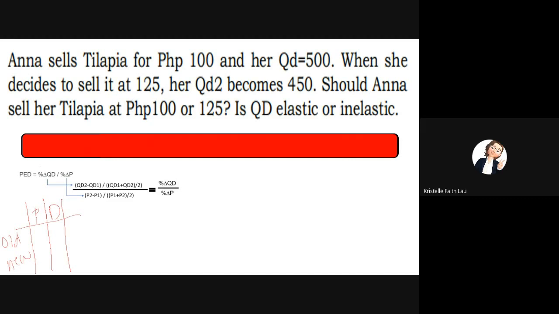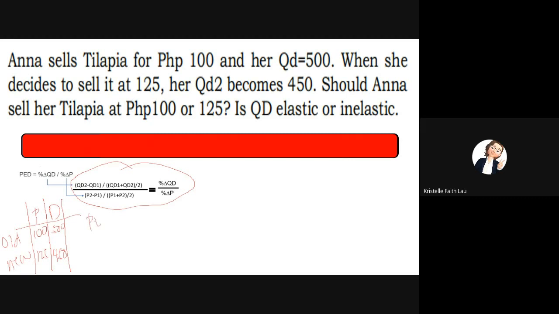For the old price, we have 100. Then, the old demand or QD1 will be 500. Then, the new price will be 125. And the new demand will be 450.